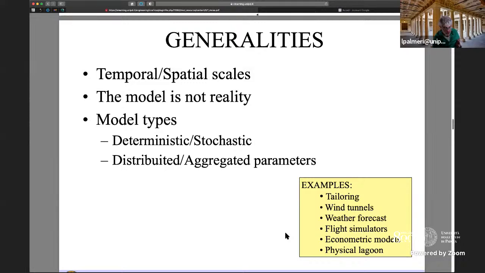If you study the movement of an object, if you are dealing with a dynamical study of something, you may describe the process with a resolution of seconds. While if you deal with ecological or biological processes, like plant growth, then seconds is probably not the right temporal scale.